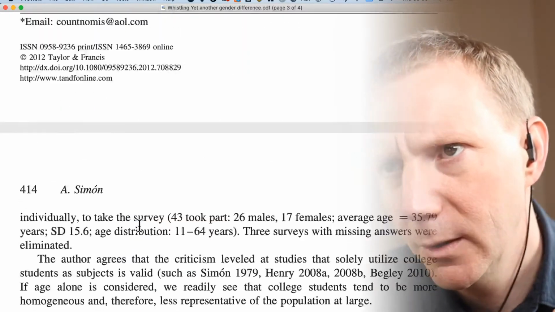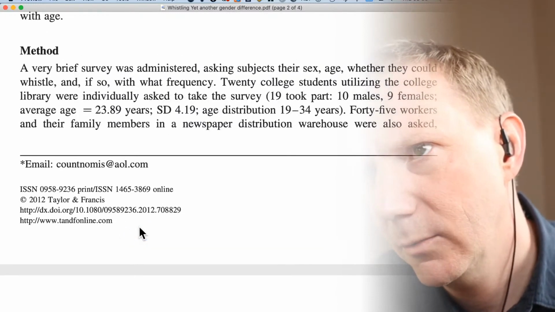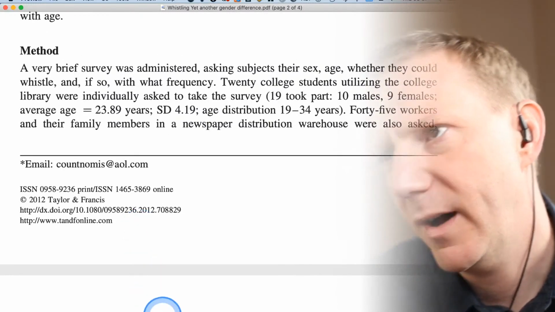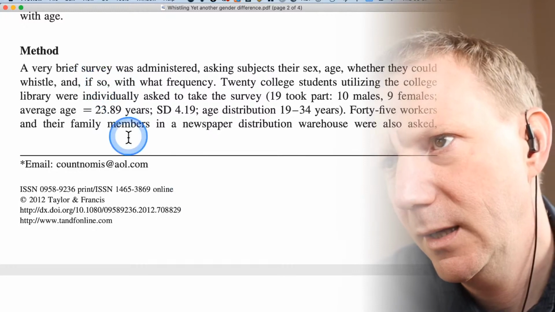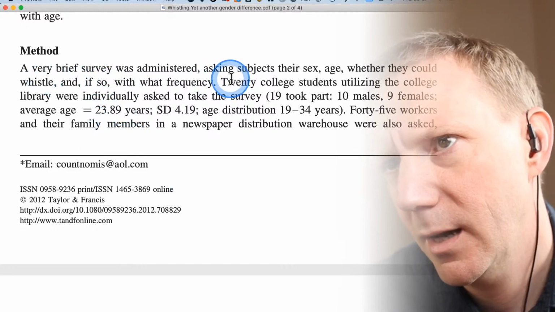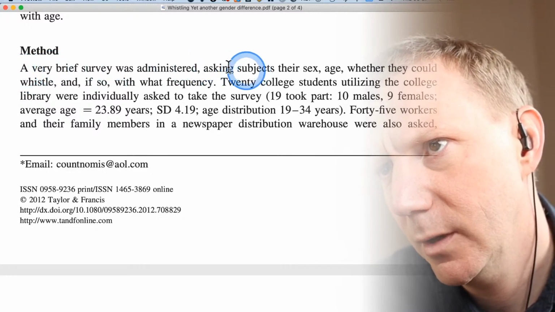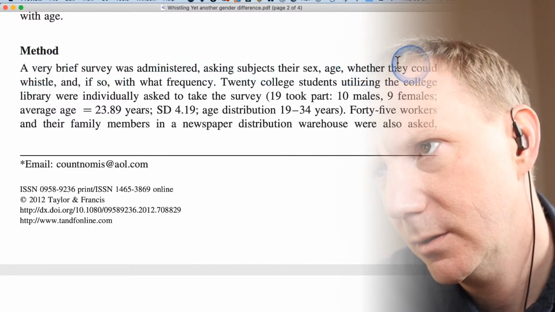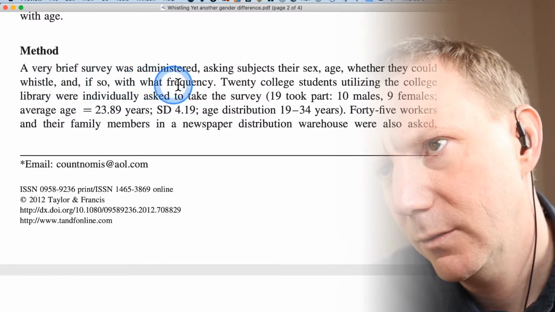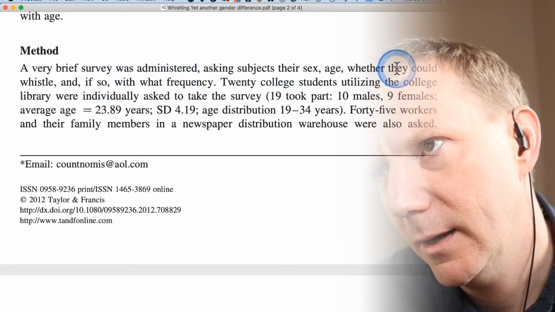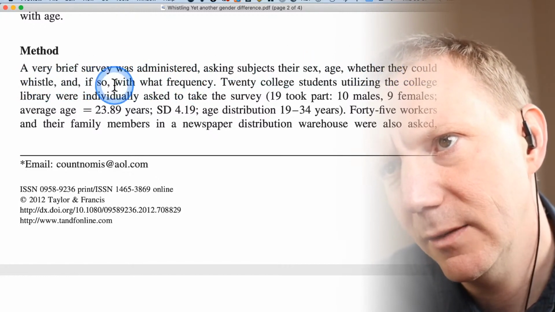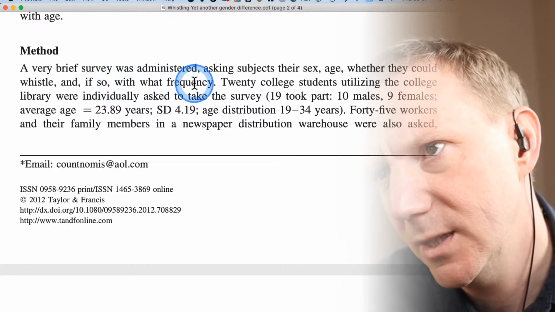So if we look at the method section, can we find out if he actually asked for the frequency or the categories? A very brief survey was performed asking subjects their sex, gender, whether they could whistle, and if so, with what frequency.